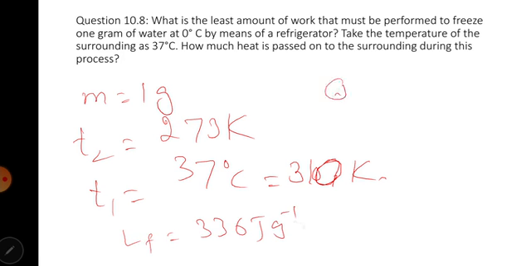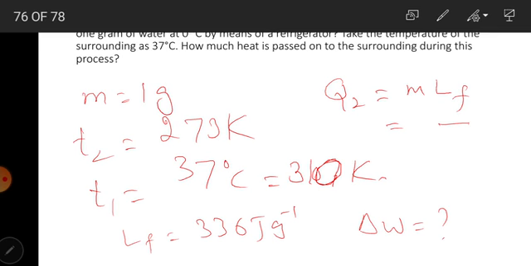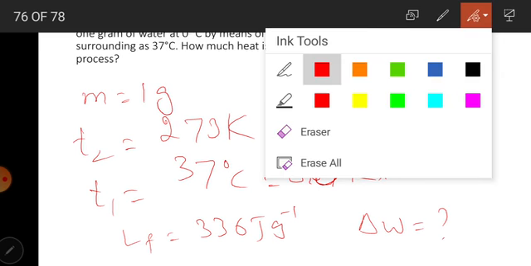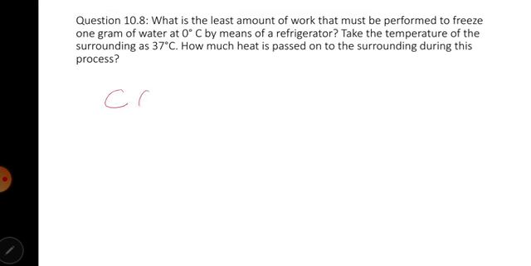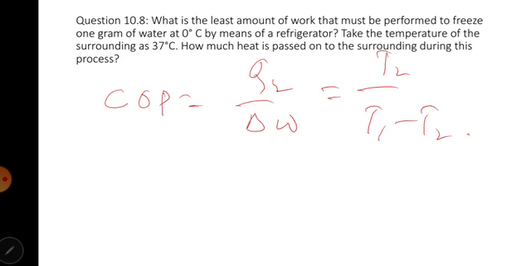So heat extracted will be equal to m times L_f. Use this formula, you will get Q2. Del W is the question. Now you will use the formula coefficient of performance Q2 divided by del W is equal to T2 divided by T1 minus T2.